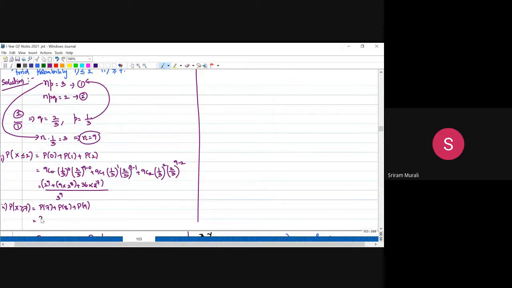So this is 9c7, 1/3 power 7, this is 2/3 the whole power 9 minus 7. This is 9c8.